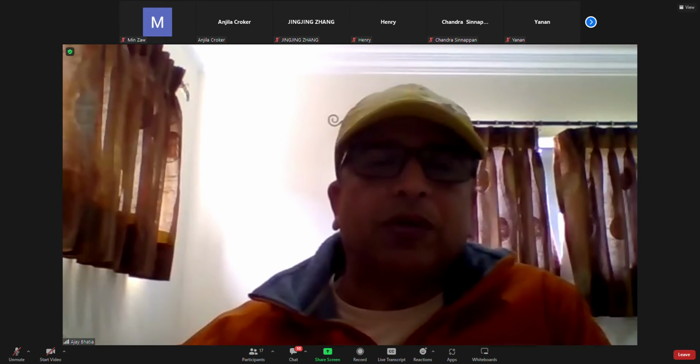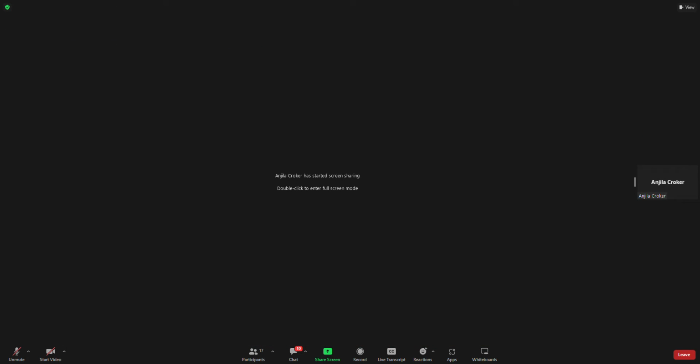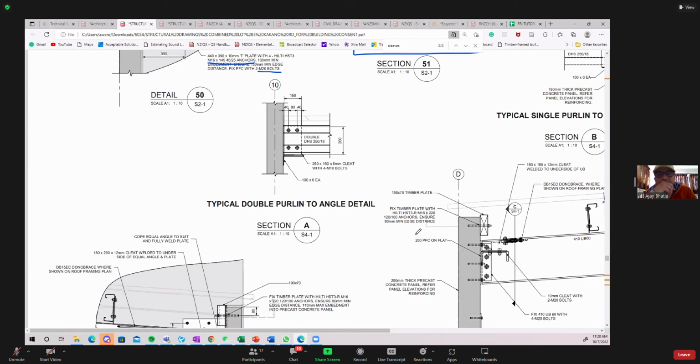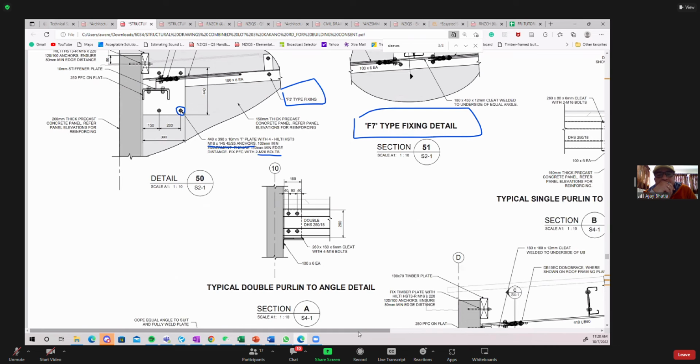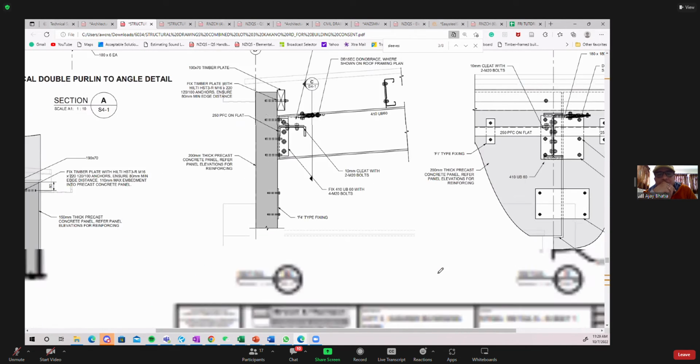Okay. Then yes, please share your next question. Can you see? Yeah. So F3 type fixing, I see F7 type fixing detail here. So F3 is also there. If you go down, you would find F3 fixing details. There is an F3 and I think F4.